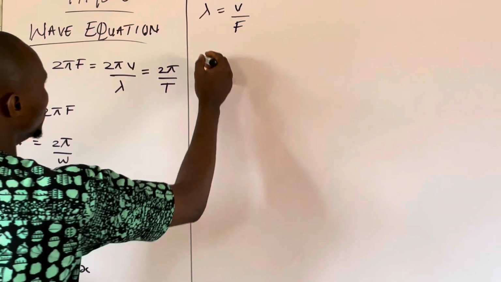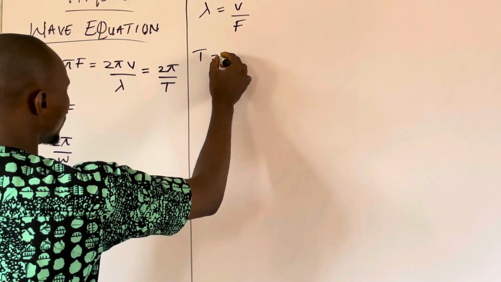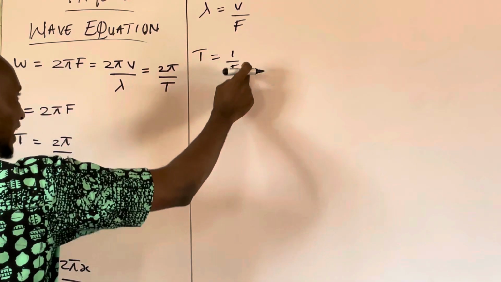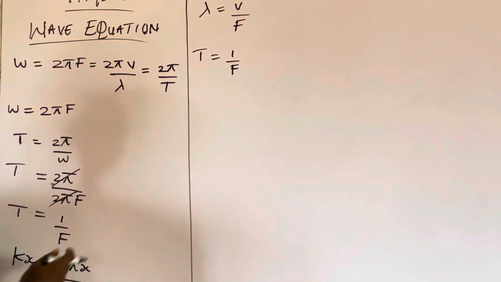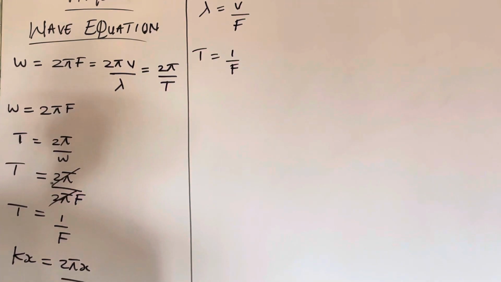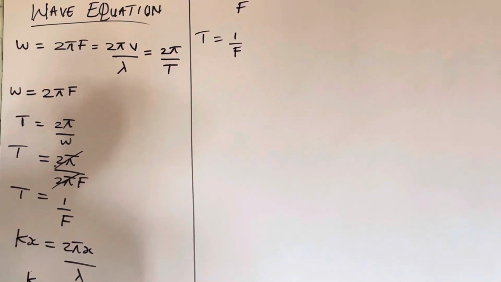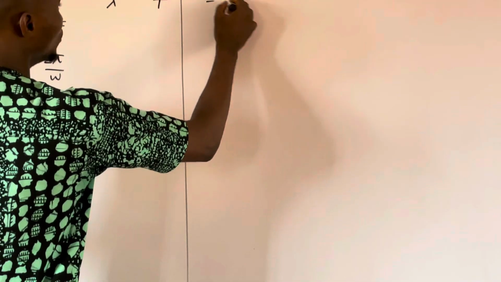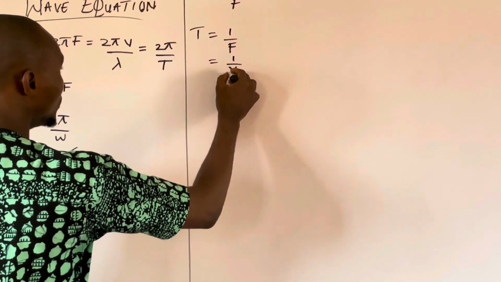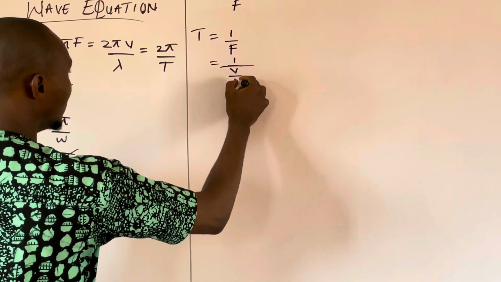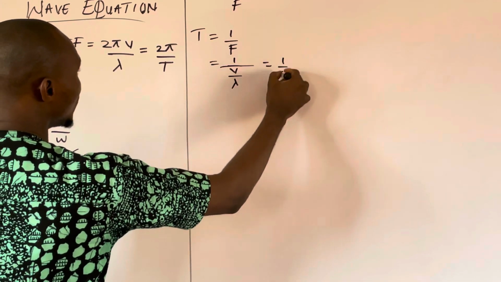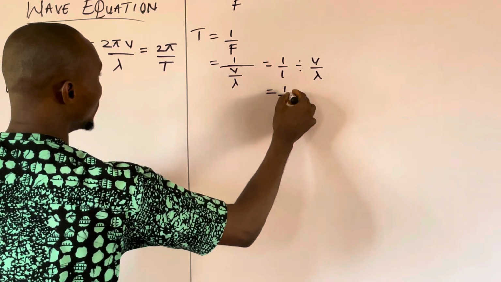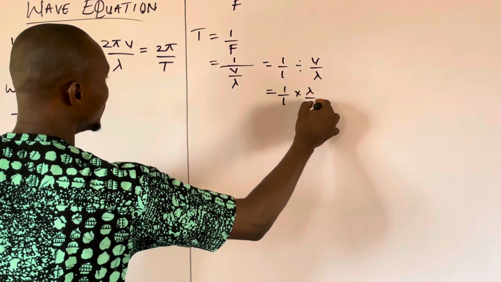And again, since we know that T is equal to 1 over f, I can substitute f here. Since I know that T is equal to 1 over f, and from here my f is v over lambda, what am I going to do? 1 over v over lambda, which means 1 times lambda over v.